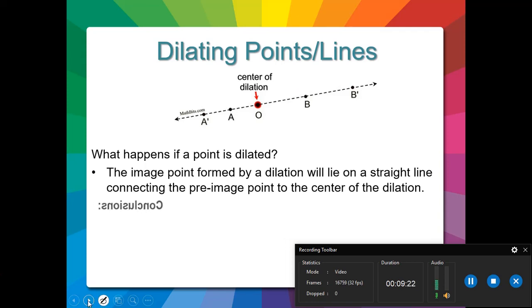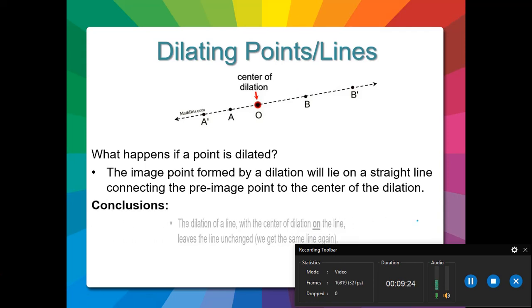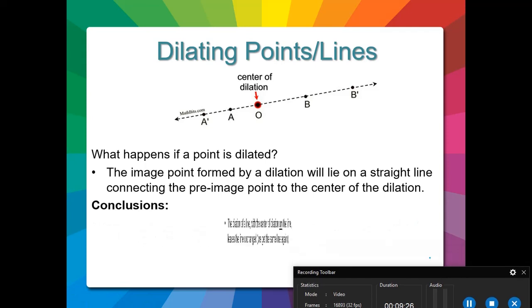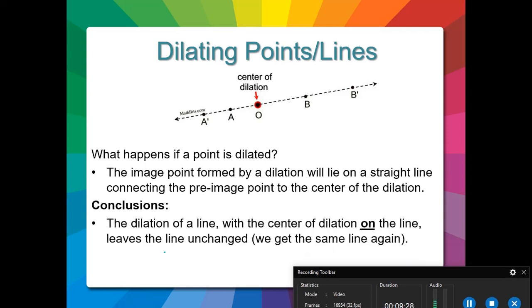If you apply this to the idea of a full line being graphed, if you had a line plotted and the center of dilation was actually on the line, so we had graphed line AB, and the center O is contained on the line, the dilation of it just pushes A prime and B prime farther from the center, but you're going to get the same line again.